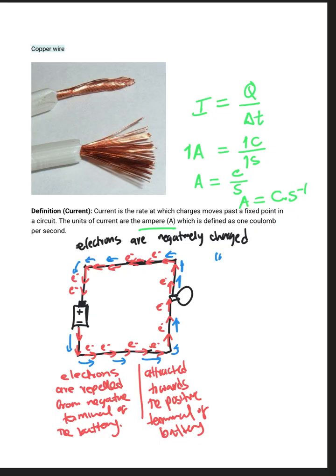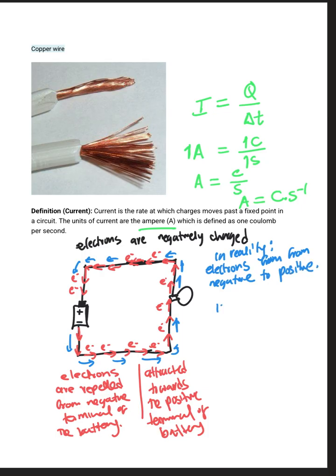So in reality, the electrons flow from negative to positive.